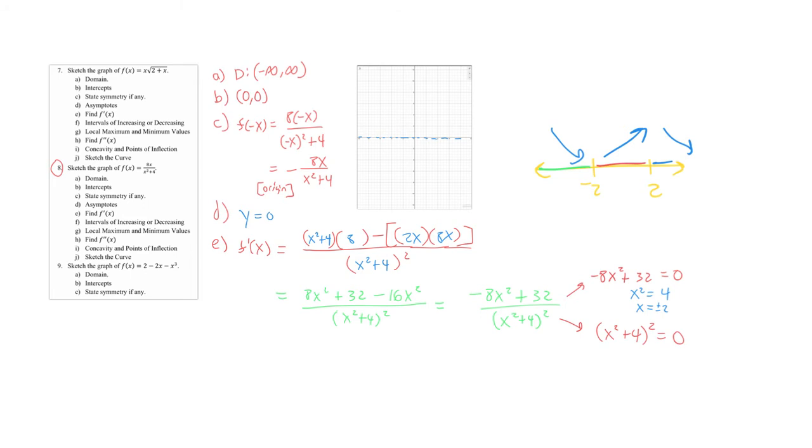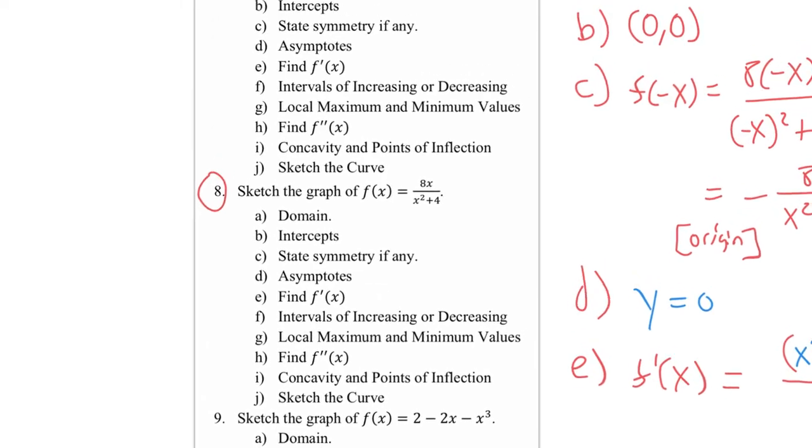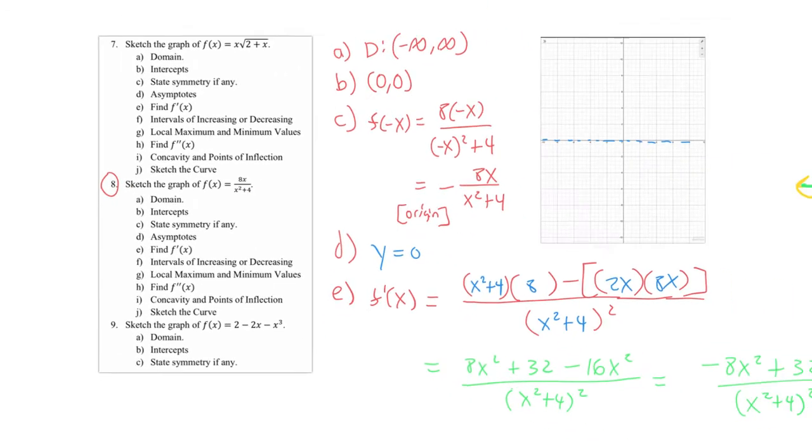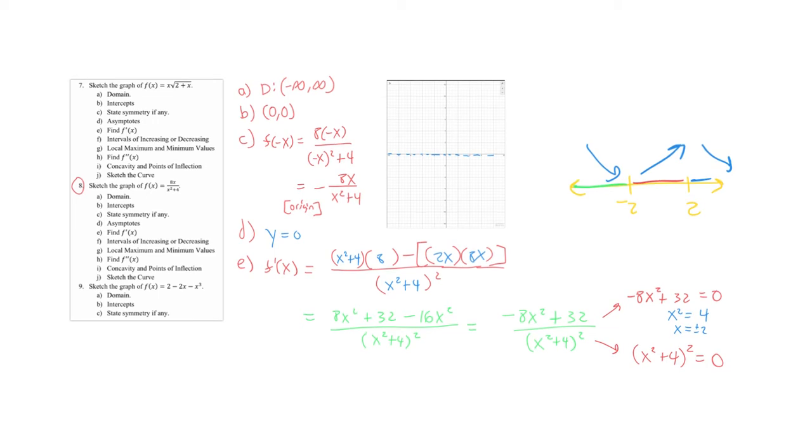So let's see what happens when you plug in negative 2 into the original equation. Well, if you plug in negative 2 into the original equation, it would become negative 16 over, and negative 2 squared is 4, so it becomes negative 16 over, looks like it would be 8, so that's negative 2, right?